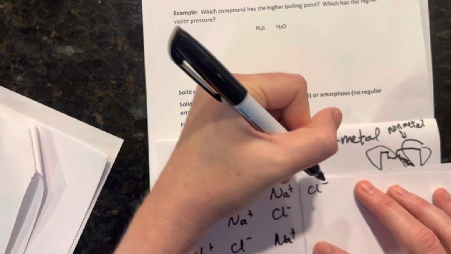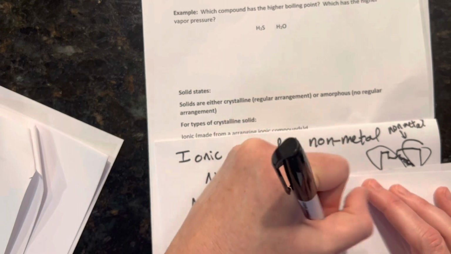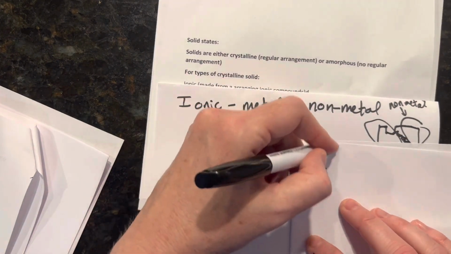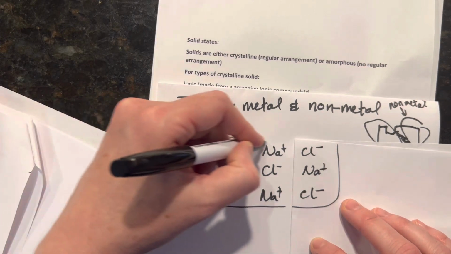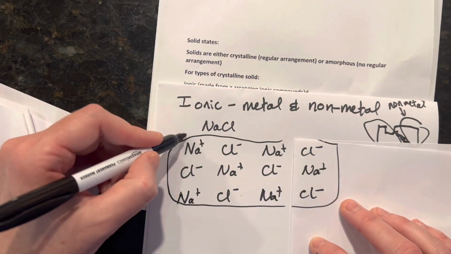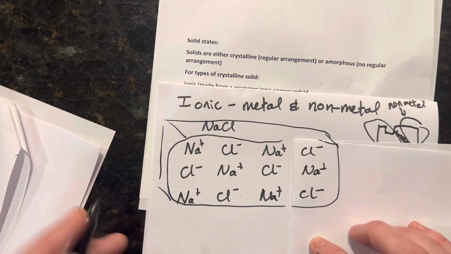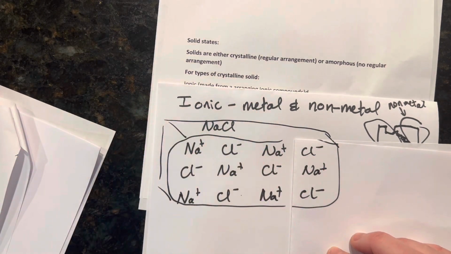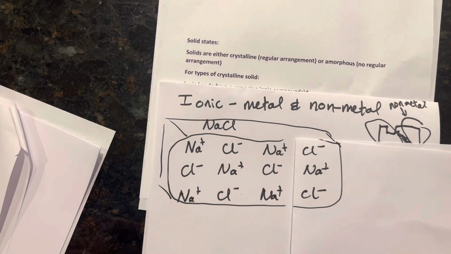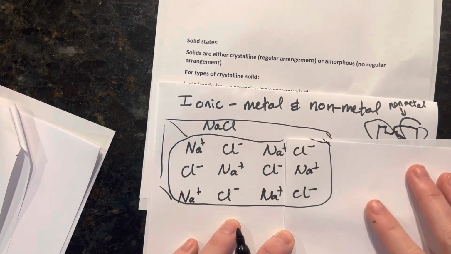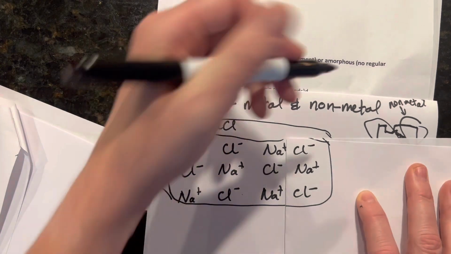This was Cl minus, Na plus, Cl minus. Cool. So you can imagine that this is one beautiful three-dimensional structure, maybe. Imagine that it goes all the way back just like this, and it's really pretty, and that's why salt, for example, is super pretty. If you've ever actually held some table salt in your hands, it looks really nice, and it's very crystal in nature.